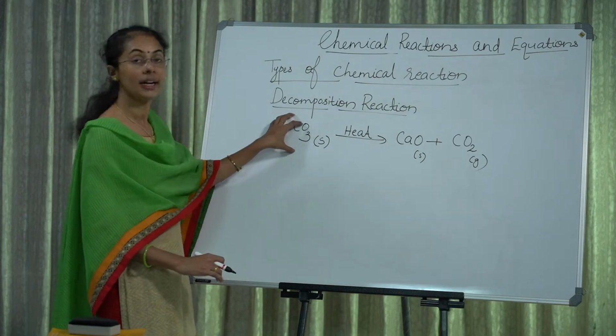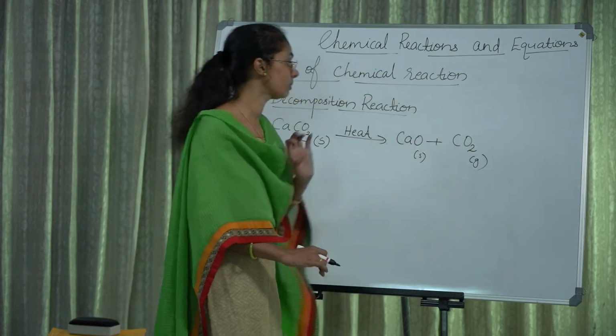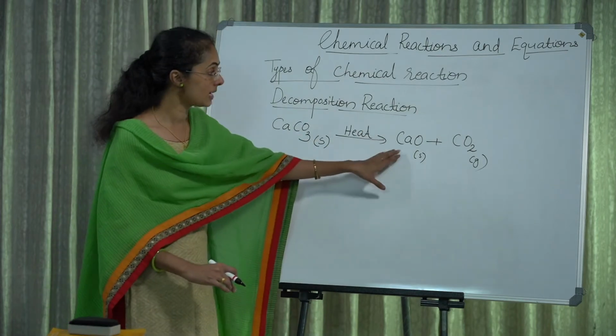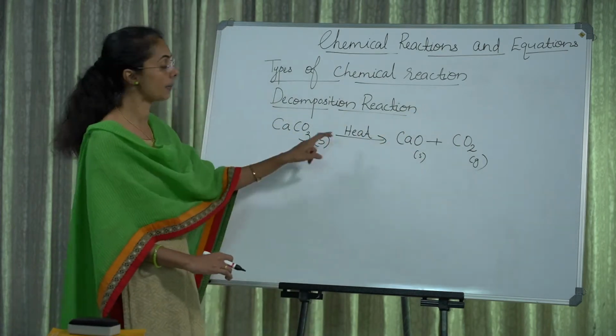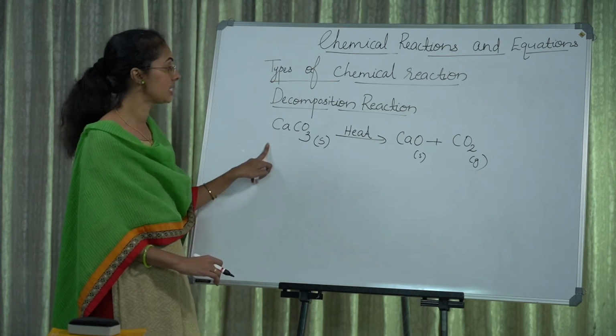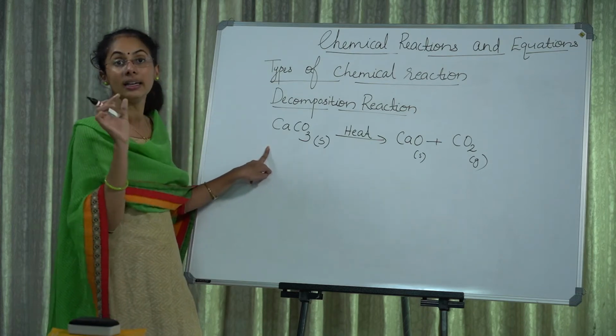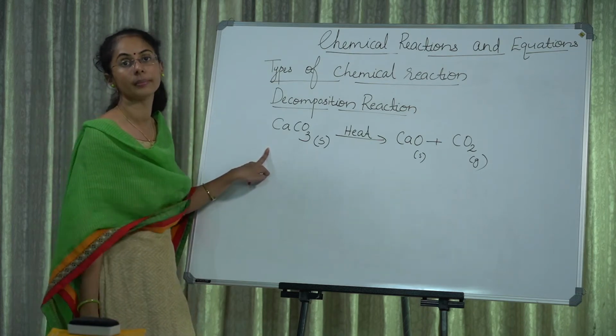One single reactant breaks down into two products, calcium oxide and carbon dioxide. In the presence of heat, this is a decomposition reaction, and its specific name is thermal decomposition reaction.